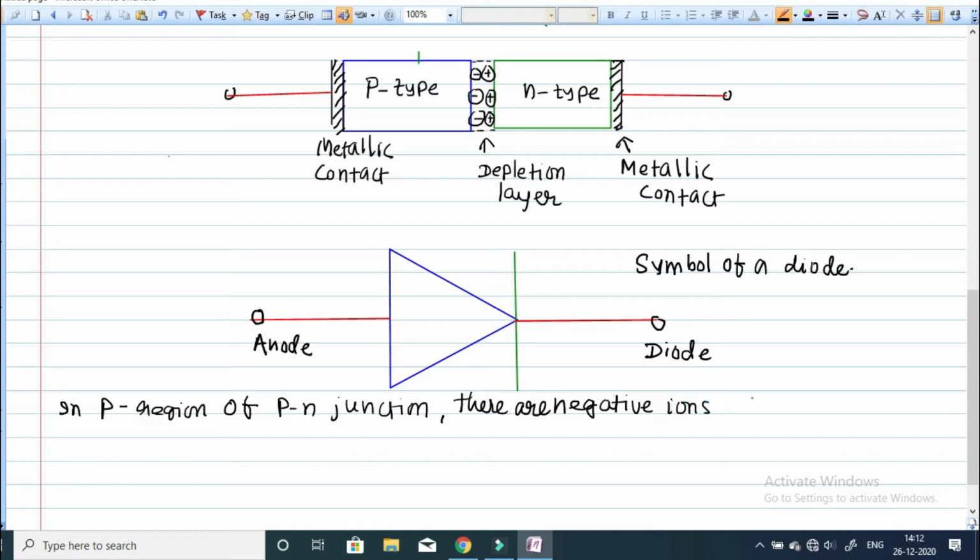There are negative ions fixed in their positions, surrounded by holes in case of the P region of the PN junction diode, and holes are mobile charge carriers in this case.